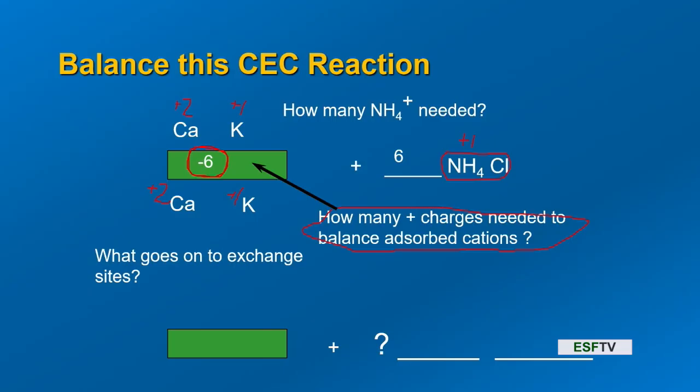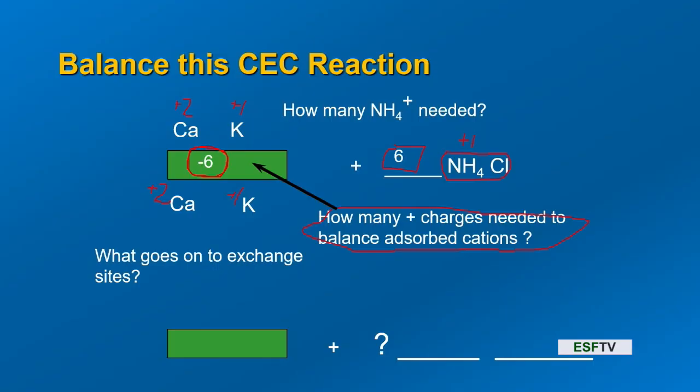And so the first thing I fill in is this magic number here, 6, because I have looked back and decided how many charges are accounted for by the cations on this picture. 6, 1-to-1 replacement.